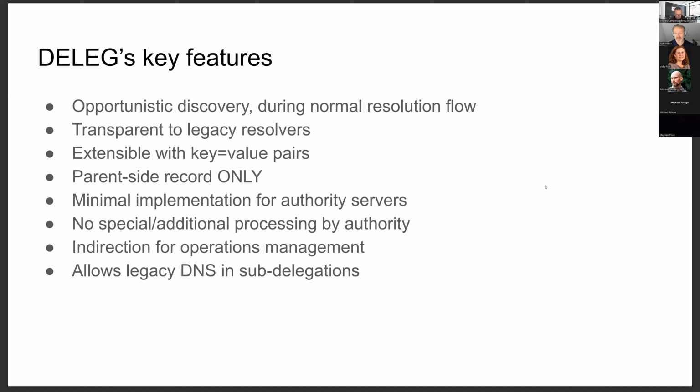And to solve the problem that a lot of other people were looking into, how we can direct people to a certain set of parameters instead of just putting them all in the parent, we have indirection. DELEG is only authoritative for that one delegation point, and at any delegation point you have to recheck whether you're using DELEG or regular DNS. So let's go to the next slide.